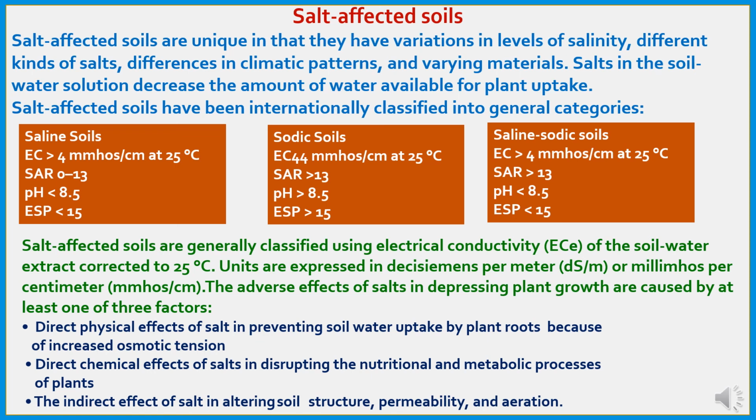First, direct physical effect of salts in preventing soil water uptake by plant roots because of increased osmotic tension. Second, direct chemical effect of salts in disrupting the nutritional and metabolic processes of plants. And third, indirect effect of salts in altering soil structure, permeability and aeration.